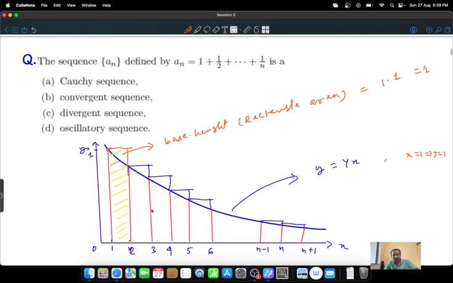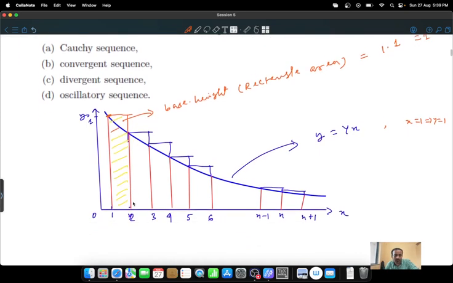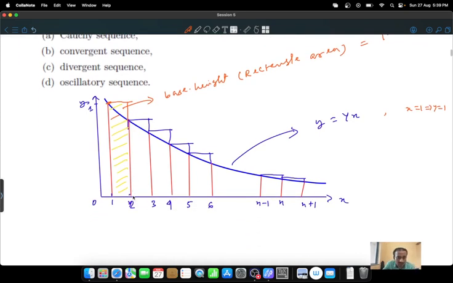Now if you look at the second one, here also the base is 1, because the base is 3 minus 2, which is 1. And what is the height? That is nothing but x equals 2 on the graph, then you get y equals half.